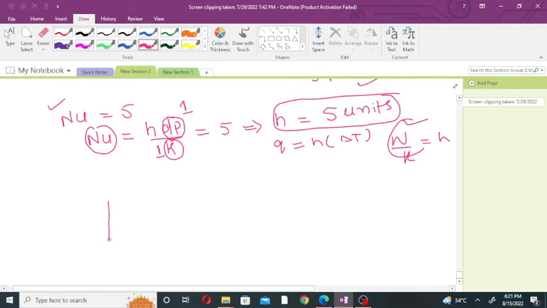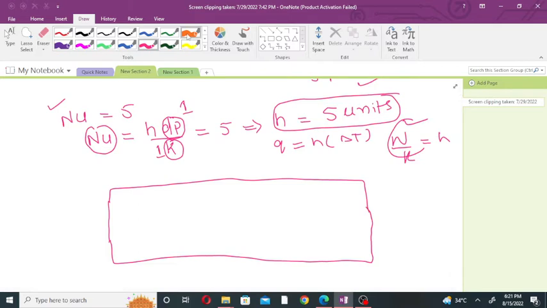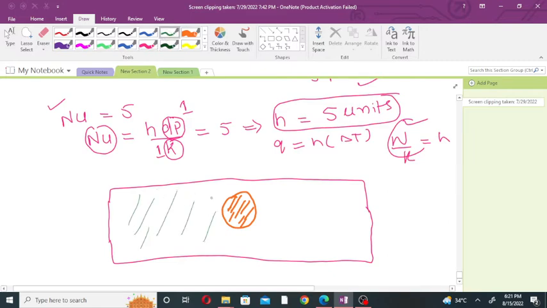Suppose there is a spherical catalyst particle present in a large stagnant liquid, a large stagnant fluid.